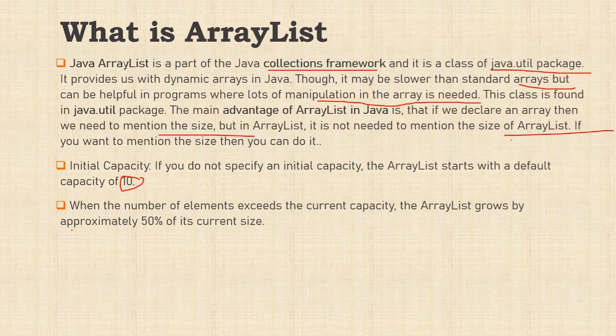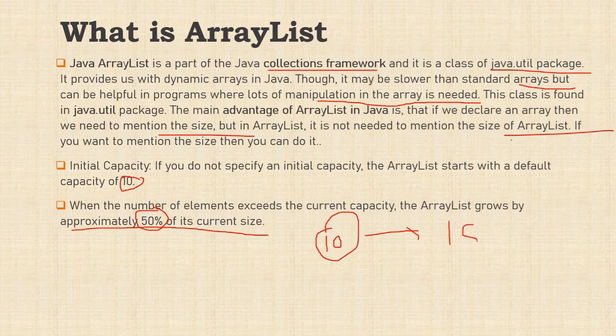It will grow the capacity of your ArrayList by 50%. If the size of your ArrayList is 10 and it becomes full, then it will be enhanced by approximately 50%, that means the size will become 15.